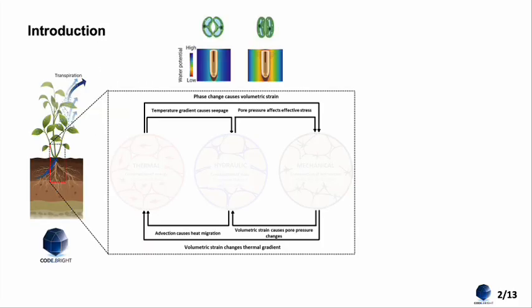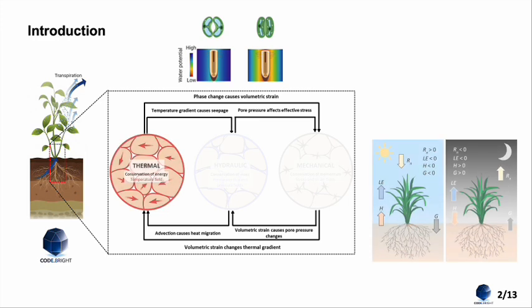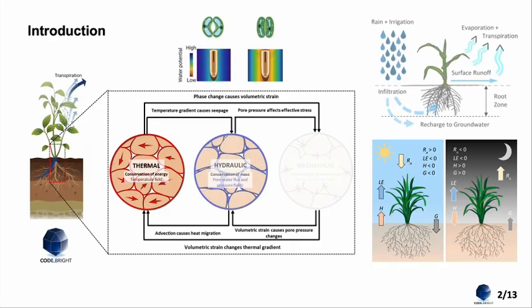Generally, when it comes to vegetation, it is important to consider three effects. First, the thermal behavior, because thermal conditions can affect the behavior. In very high temperature conditions, the stomata will close, and when the temperature reduces, it will open. Second, the hydraulic behavior.